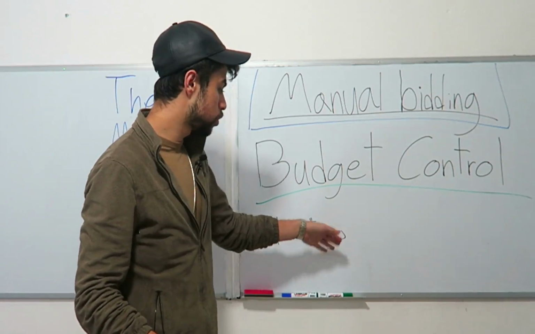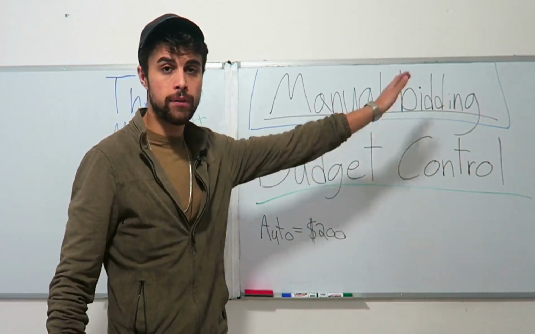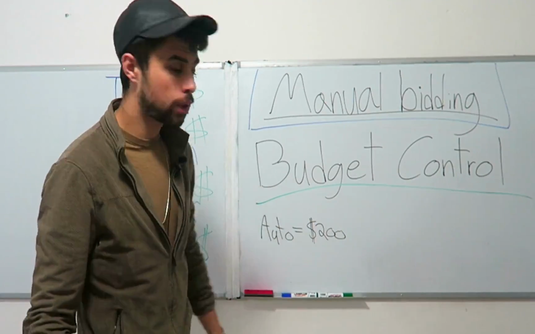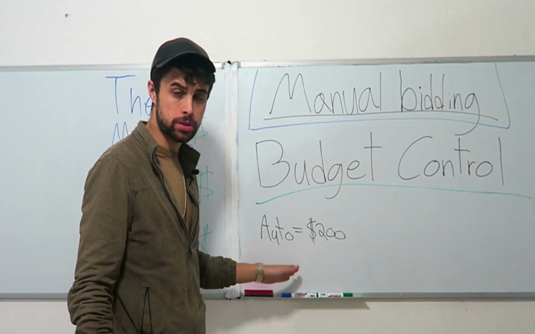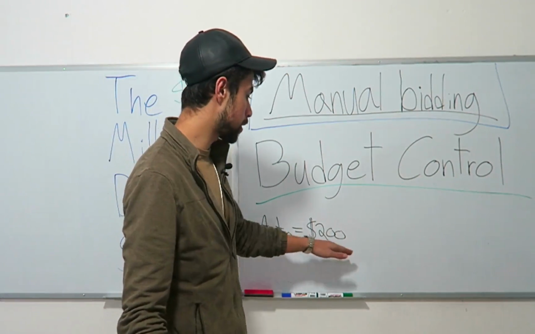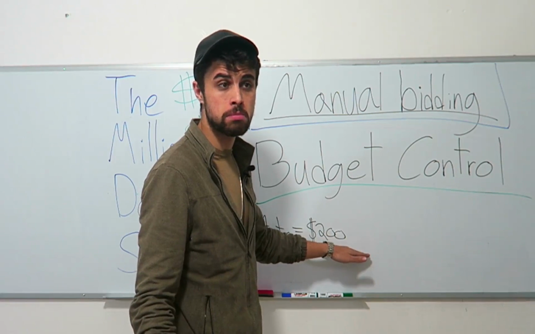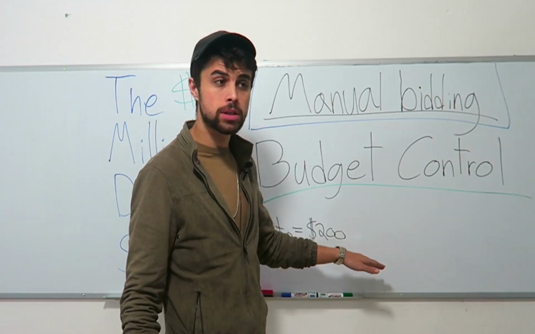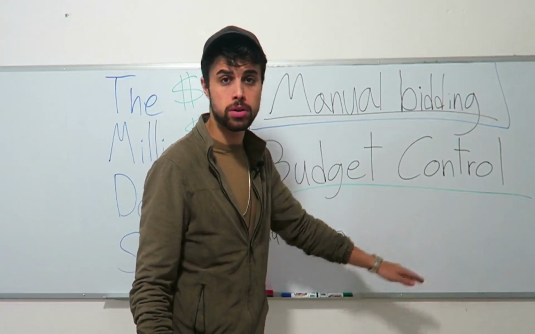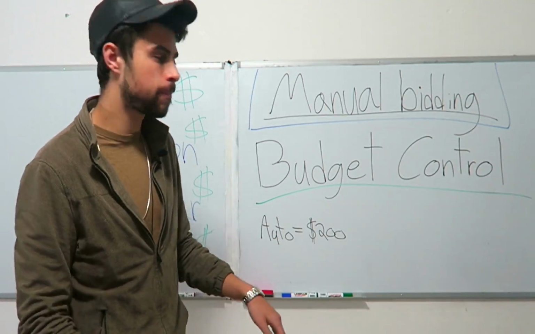It looks at that $200 and it will spend that. If it gets you $10 per purchase or $30 per purchase, it doesn't care. It'll try to get you the cheapest conversions, but it doesn't care if it doesn't find them. At the beginning it might be $10 per purchase, and then slowly it gets more expensive, $13 per purchase, $18 per purchase, right? And then that's when you have to decrease it.